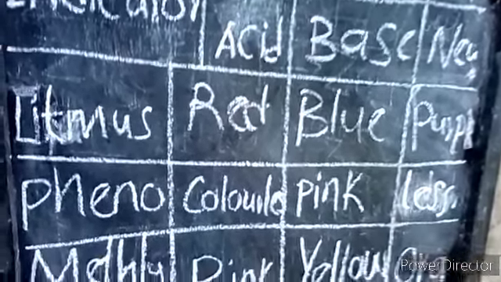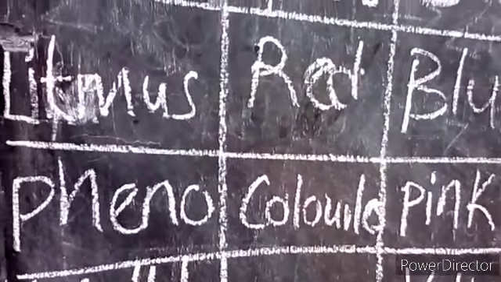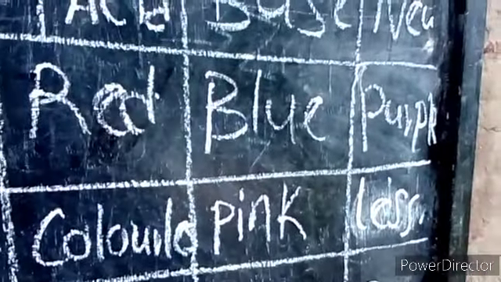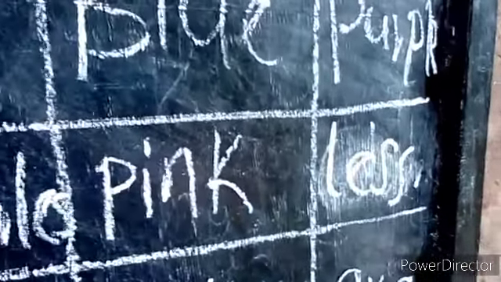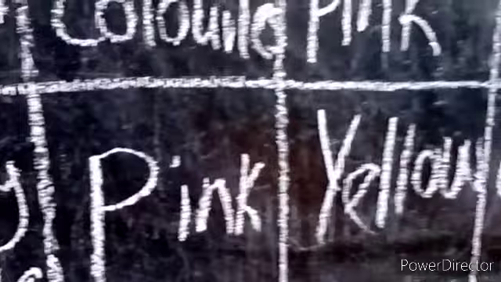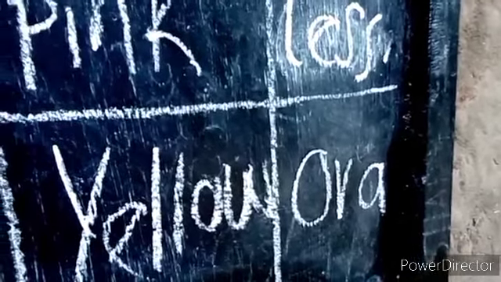Then phenolphthalein: the color in an acid is colorless, base is pink, then in neutral is colorless. Then the next one, we have methyl orange. In acid it is pink, in base it is yellow, then in neutral the color is orange.